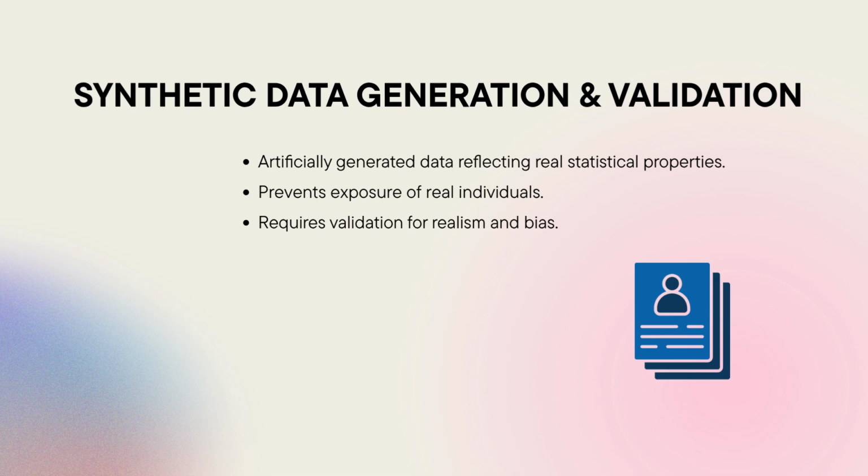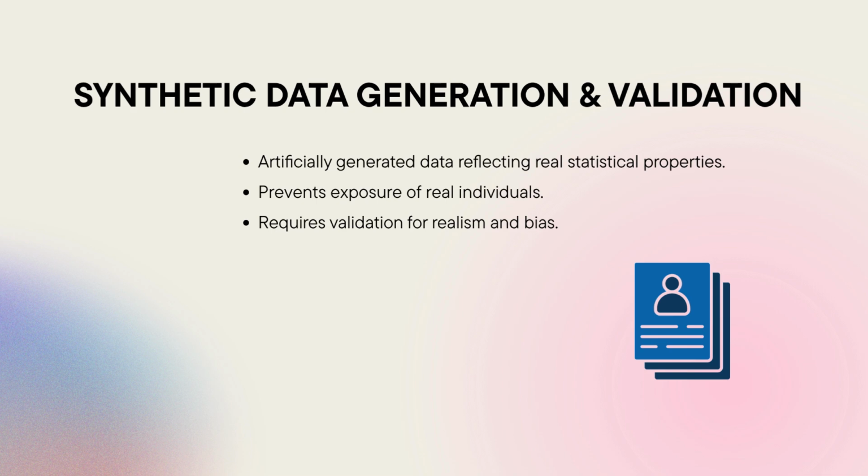Synthetic data generation and validation. Synthetic data replicates the patterns and relationships of real datasets without containing actual personal records. Generated using statistical models or generative AI, it provides safe alternatives for testing, research, or model training. However, quality assurance is essential.